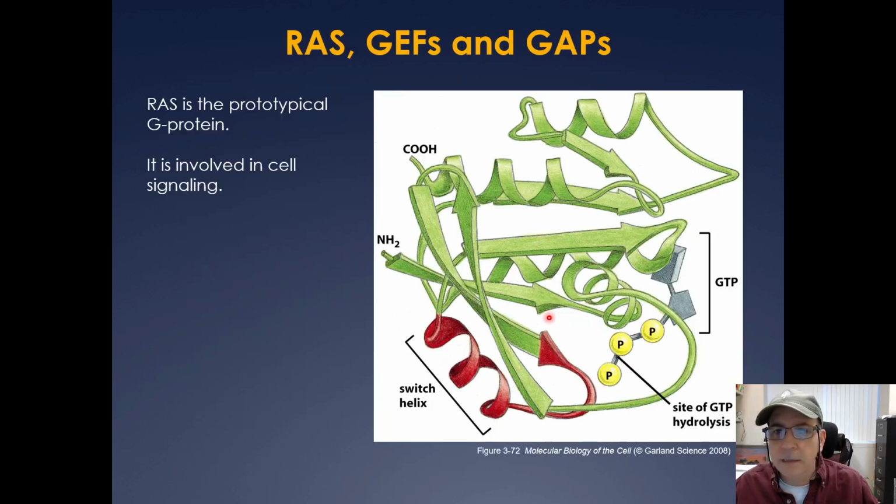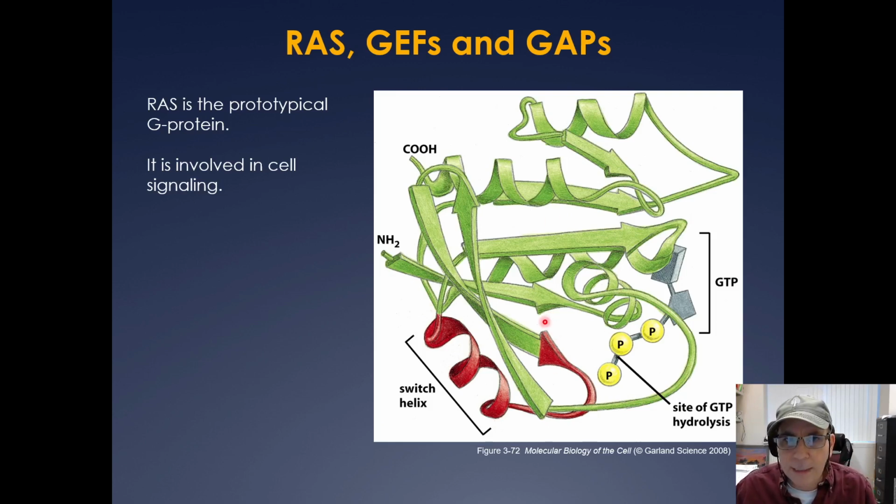There was something that I didn't mention on the last slide here with RAS. So it turns out that RAS is what's considered an oncogene, okay? And we'll look at oncogenes later on, but oncogenes are basically genes that can give rise to cancers when they're mutated.